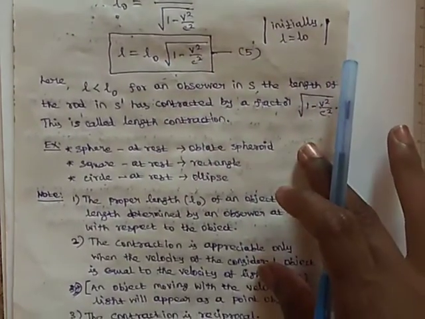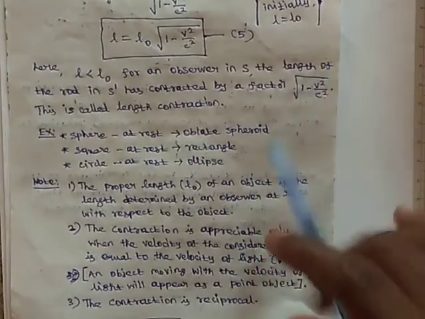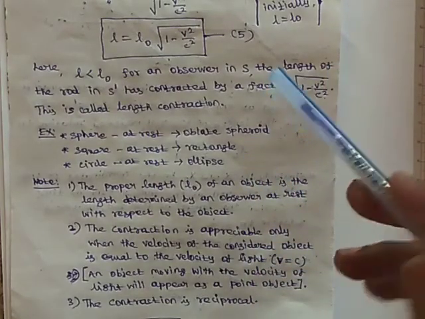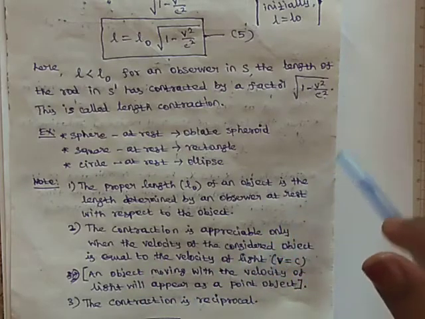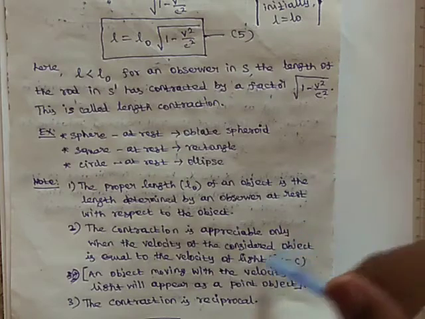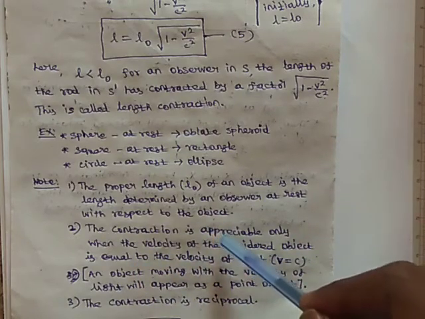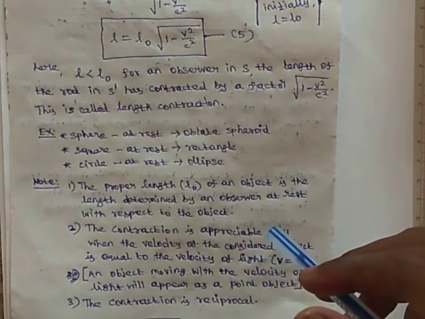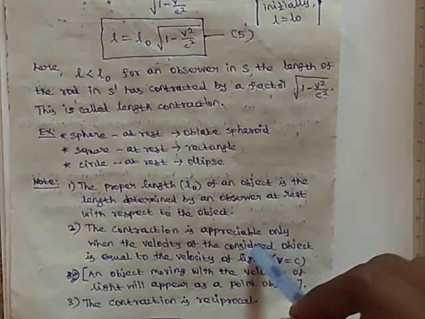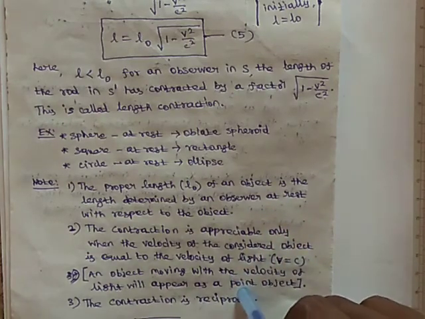L equal to 0 means the length of the rod observed from the frame at rest S appears to be 0 in the moving frame S prime. So the important point is that an object moving at the velocity of light, that is 3 into 10 power 8 meters per second, will appear as a point object.